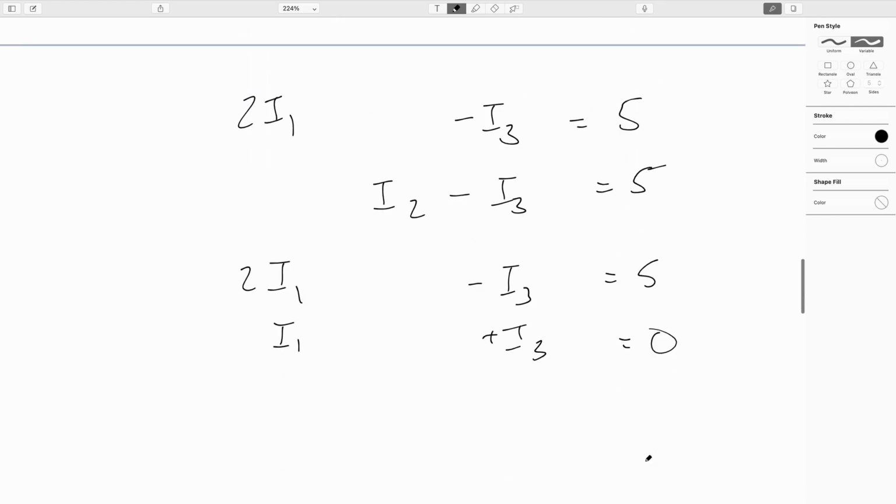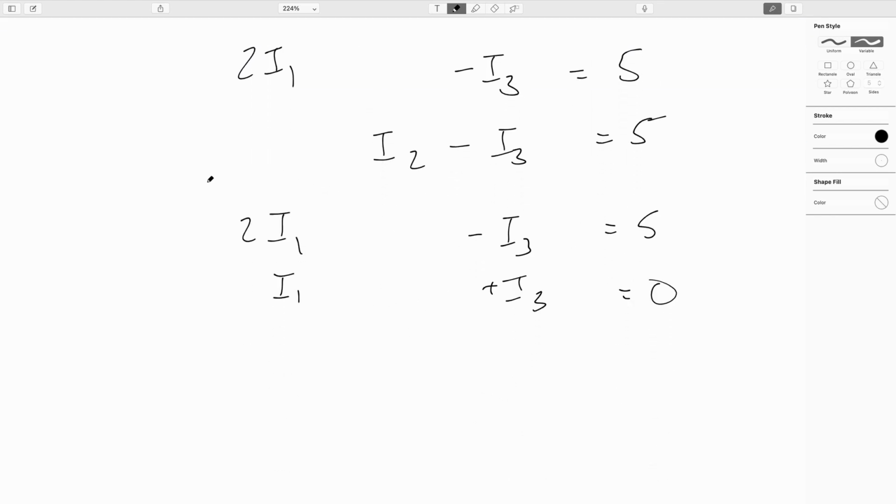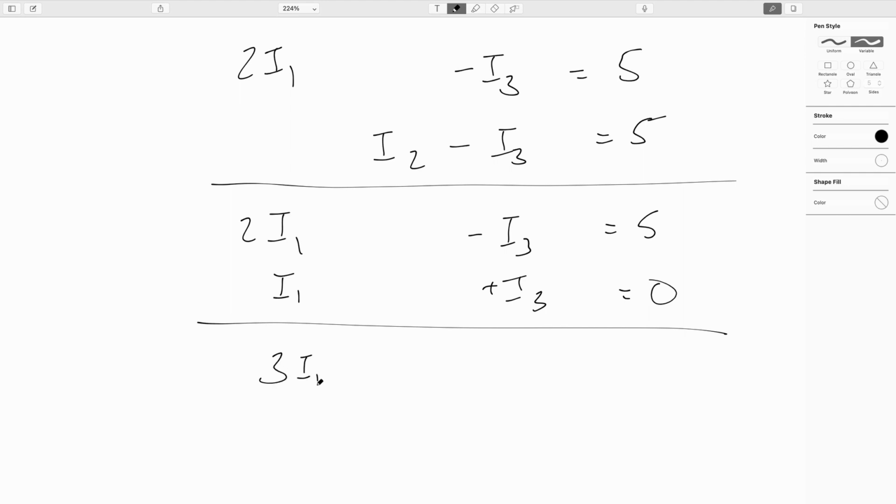All right. Now, finally, I can add these two equations. So adding these two equations gives me 3I1 equals 5. And so I1 equals plus 5/3 of an amp.